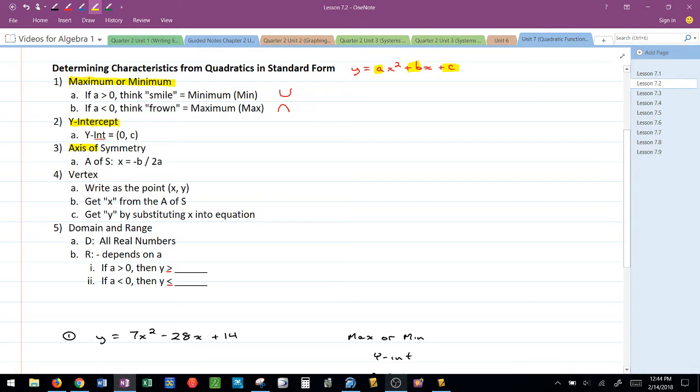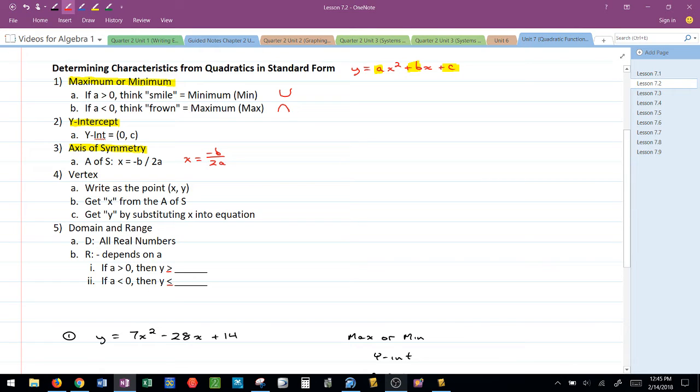The next thing we have to find is the axis of symmetry. The axis of symmetry, we need to use a formula. And the formula is x is equal to the opposite of b over 2 times a. I wrote it like that for you, okay?